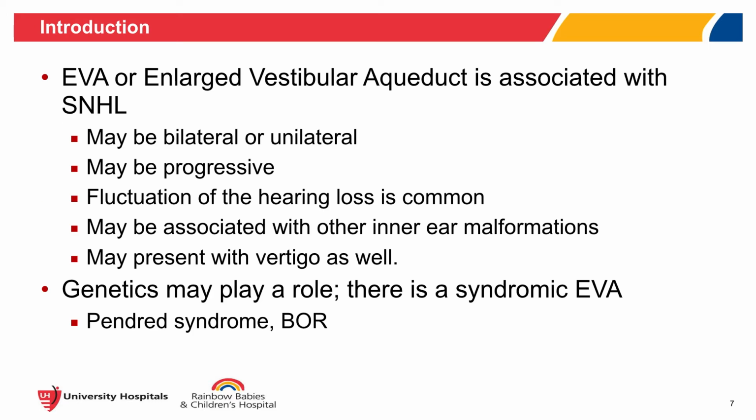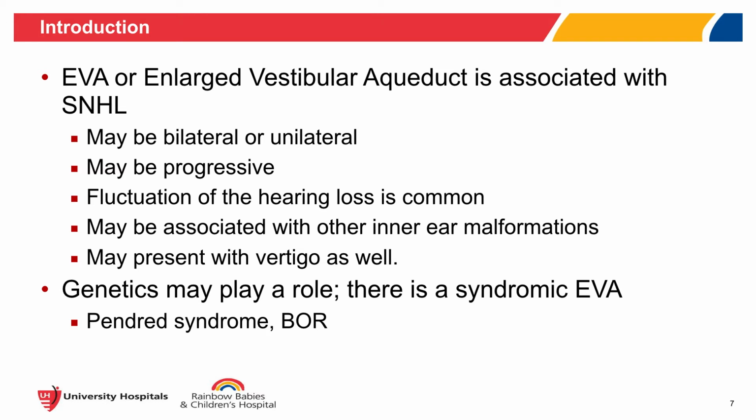EVA, or enlarged vestibular aqueduct, is typically associated with a sensorineural hearing loss, although there are some reports, and I've seen patients as well, who have a mixed hearing loss in the absence of other middle ear fluid or other middle ear process going on.